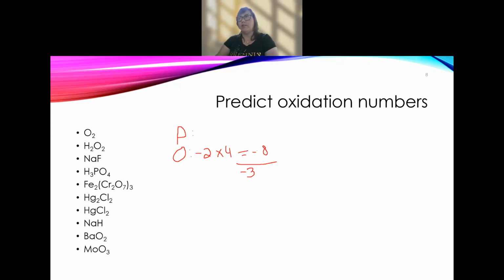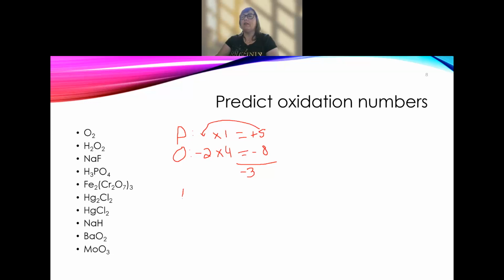So if this is -8 and I need to have an overall charge of -3, then since there's only 1 phosphorus, whatever that charge is has to give me, so I add this value to the -8 and get -3. In order to do that, this must be +5. And that's what we would have right there. So phosphorus is +5, oxygen is -2, H is +1. Okay? So that's that one right there.